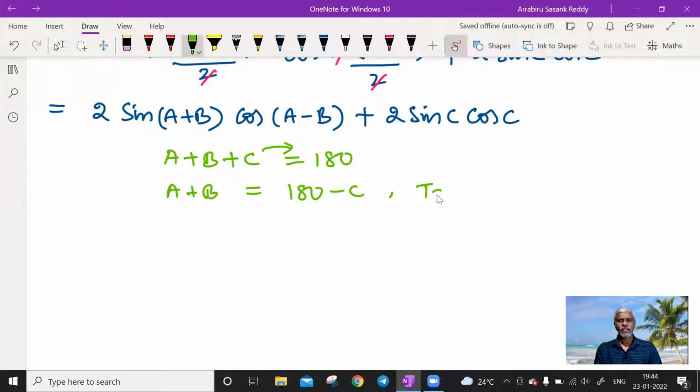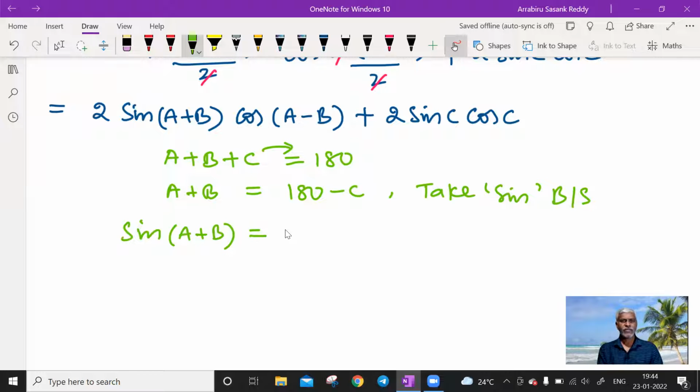Now taking sine on both sides, sin(A plus B) is equal to sin(180 minus C). Since sin(180 minus theta) is sin theta, this becomes sin C.